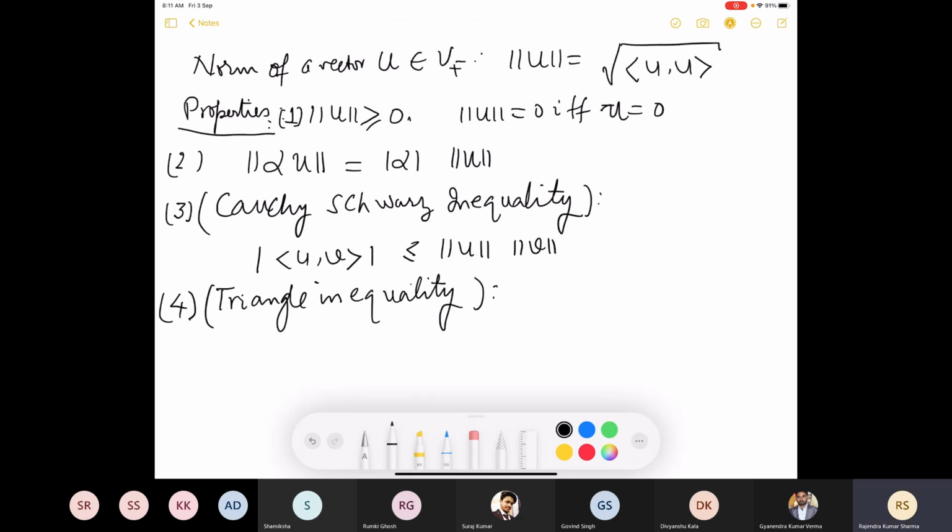The triangle inequality says that norm of U plus V is less or equal to norm U plus norm of V. Now, the first three we have already proved. Now, for the proof of the fourth, so this is for all alpha in F and for all U, V in an inner product space V over F. For this, observe the following.